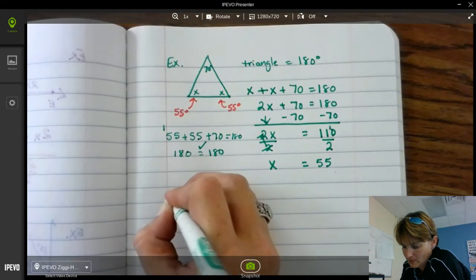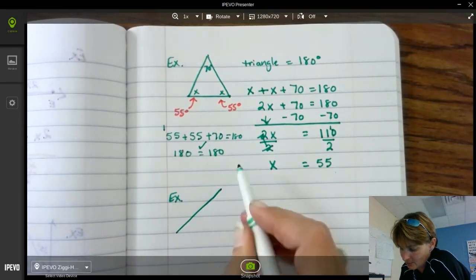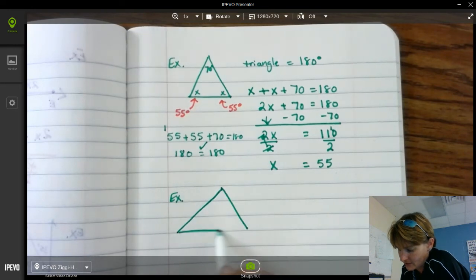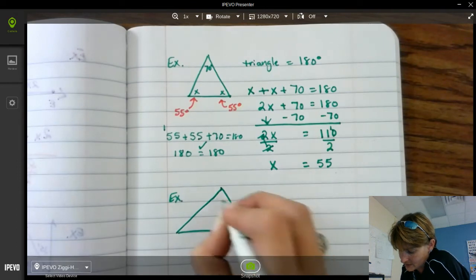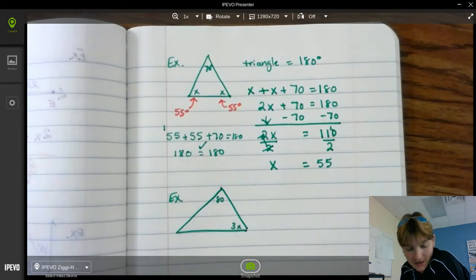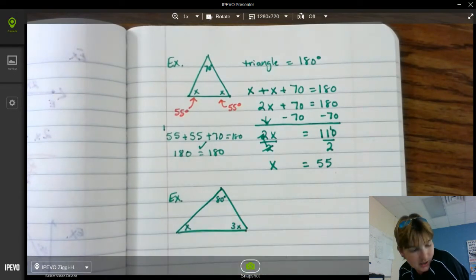One more example with triangles, because it doesn't have to be a perfect right angle or anything like that. Let's say that this is 3x. This angle is 80 degrees. And this angle is x, x degrees, that's what I mean to say.